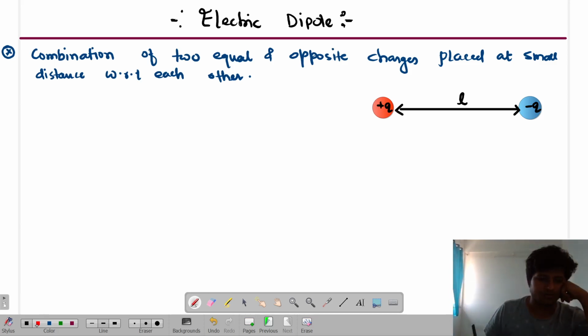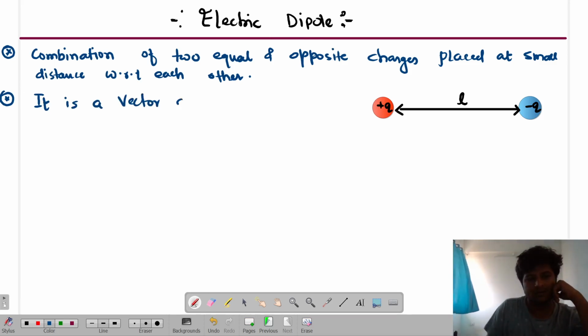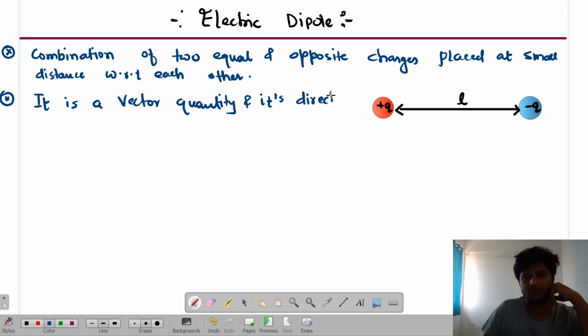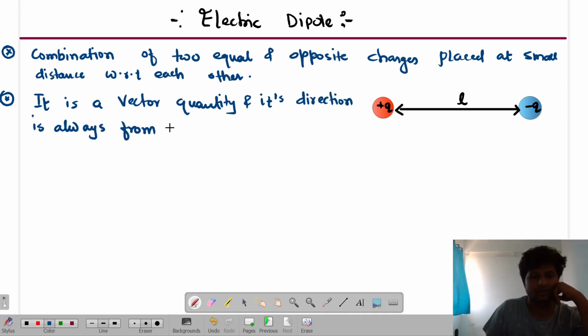Now the next point is, what does this electric dipole mean? So we will define it. Basically, it is a vector quantity, and its direction is always from the negative charge towards the positive charge.